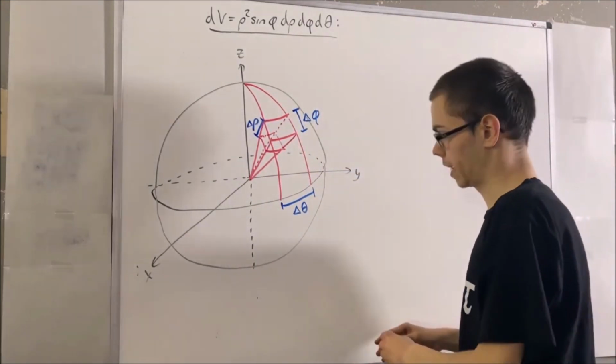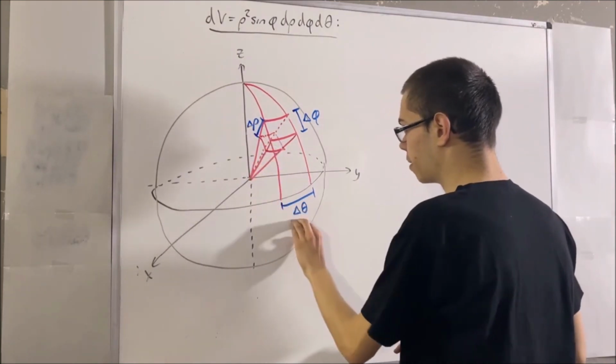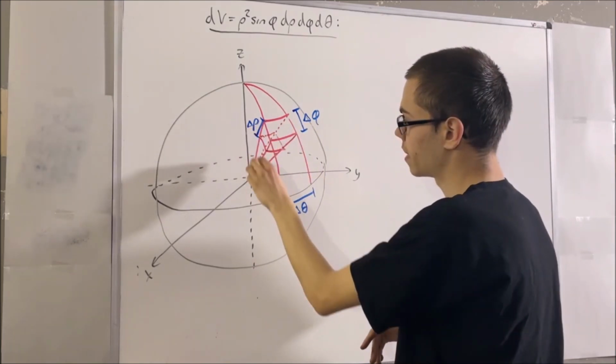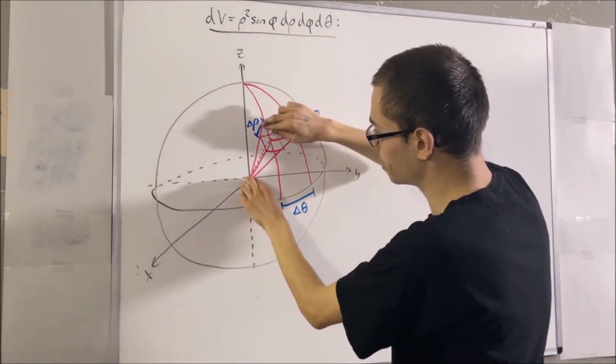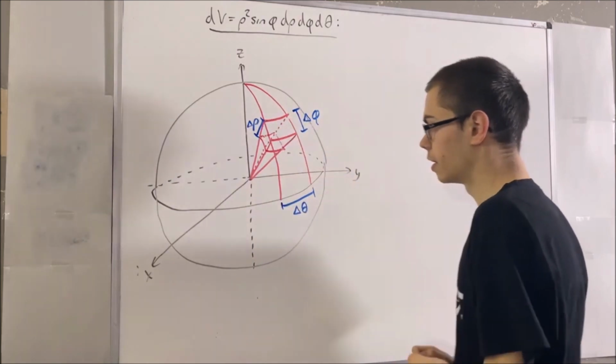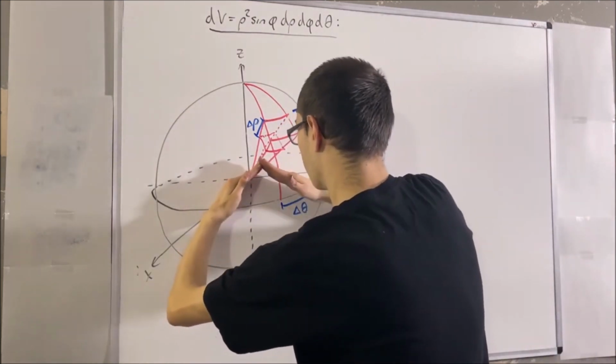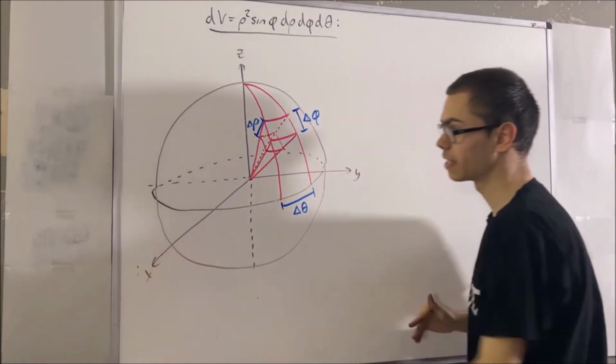Now, just to explain why these three things are what they are, well, delta rho represents the difference between these two distances from the origin. Delta theta represents the difference between these two polar angles from the x-axis.